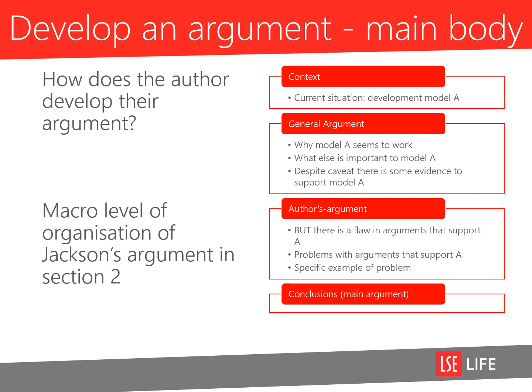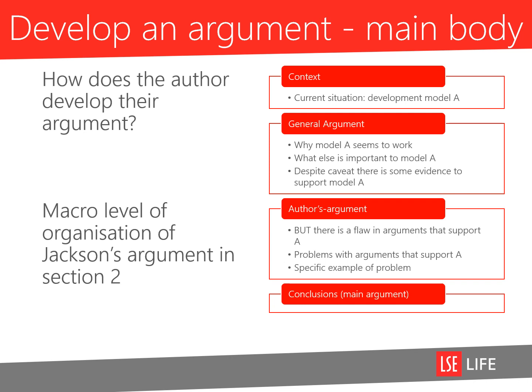Then in the next few paragraphs, he talks about this model, development model A, and why it seems to work, what's important about the model, and the fact that there's some evidence to support the model. So he's setting up one side of this argument, and if you recall, he spends quite a lot of time citing other sources and pointing to the fact that this is what other people argue.